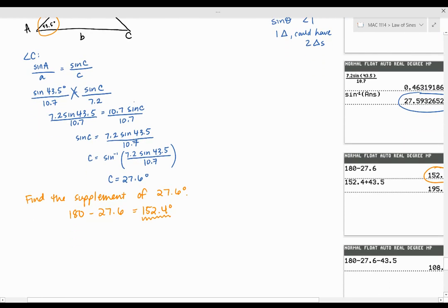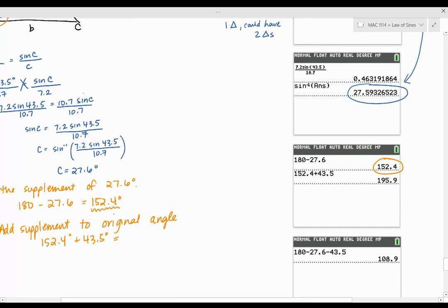So I need to add that together: 152.4 plus 43.5 degrees. When I add that together, I get 195.9.